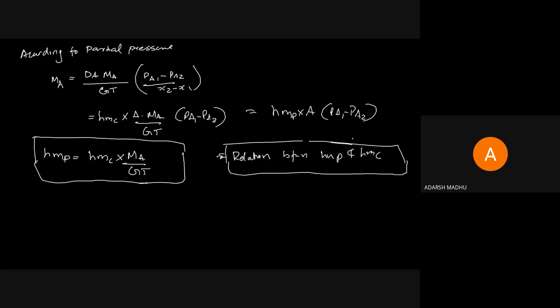HMC is the mass transfer coefficient according to concentration gradient. HMP is the mass transfer coefficient according to partial pressure gradient. The difference is whether it is PA1 minus PA2 or CA1 minus CA2.